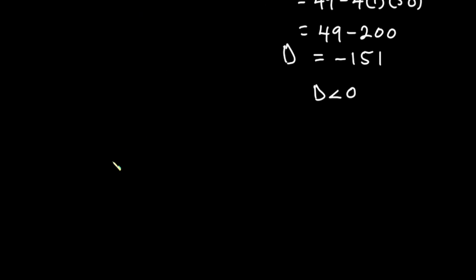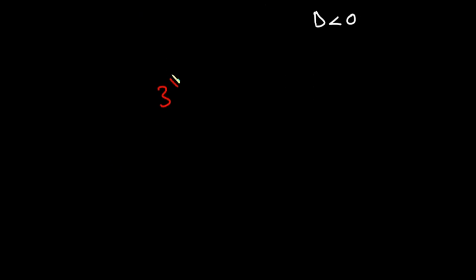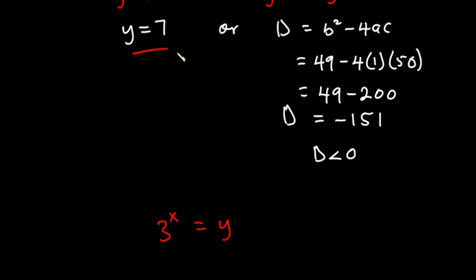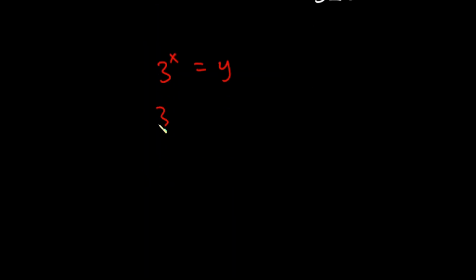But remember, initially we let 3 to the power x equal to y. So when y is equal to 7, we're going to have 3 to the power x is equal to 7. Now let's take log in base 3 on both sides of the equation. So we're going to have log in base 3 of 3 to the power x is equal to log in base 3 of 7.